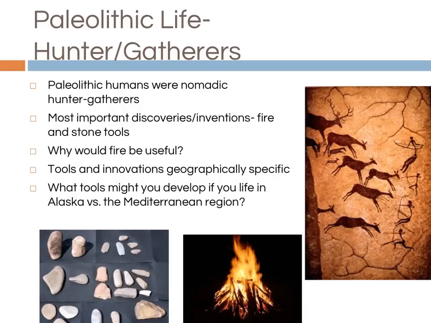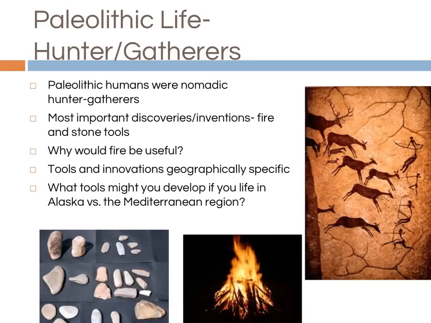And one important thing to note about Paleolithic people is that their tools and innovations were geographically specific. So think about this for a minute. What tools might you develop if you lived in Alaska versus the Mediterranean? So in the Mediterranean, it's warmer. Think about that.